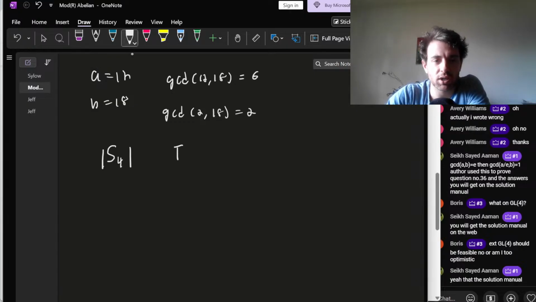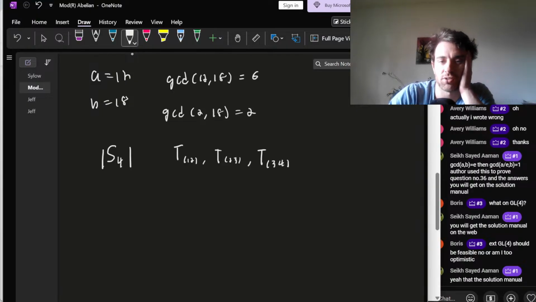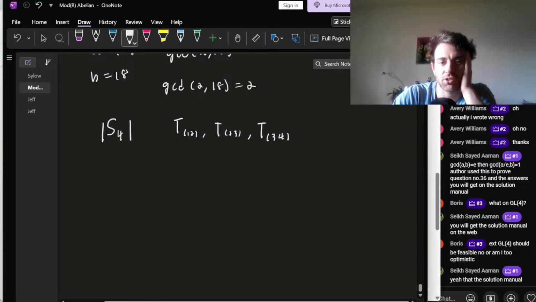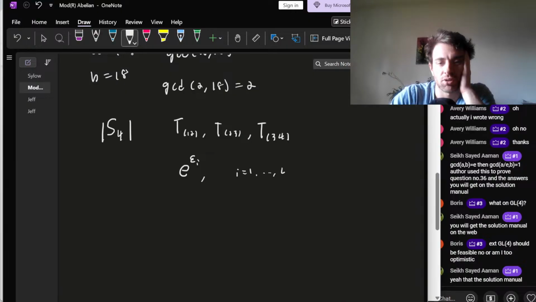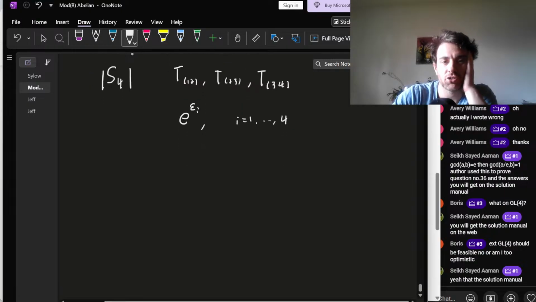So we have the generators coming from the simple reflections. There are only 3 of these, so that's maybe not so bad: 1, 2, 2, 3, 3, 4. And then we have the 4 co-characters. So maybe that isn't so bad.